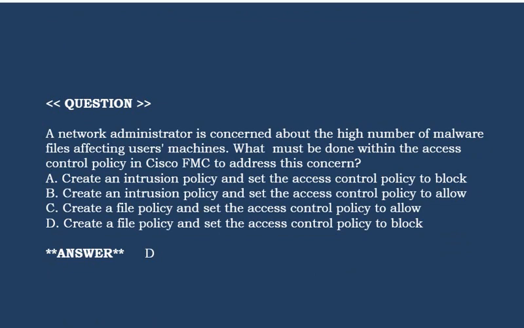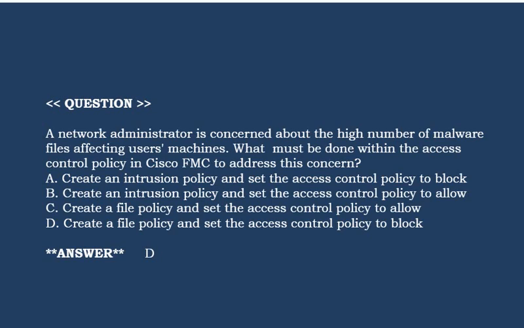Next question is, a network administrator is concerned about the high number of malware files affecting users' machines. What must be done within the access control policy in Cisco FMC to address this concern? Option A. Create an intrusion policy and set the access control policy to block.